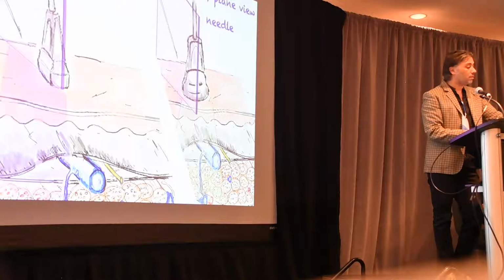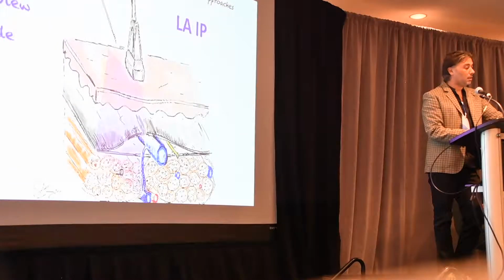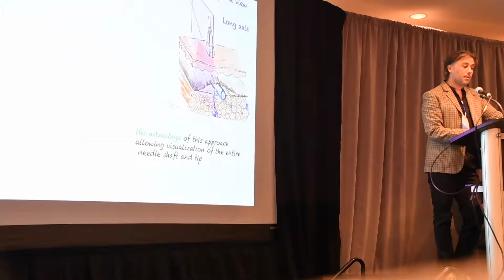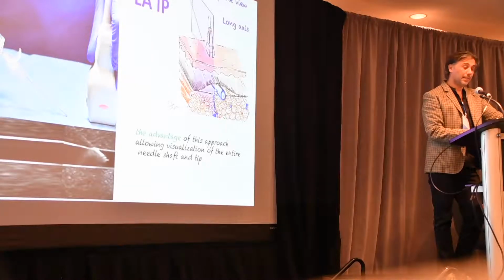In plane view on the left and out of plane. The long axis in-plane view of the needle is one of the most used approaches in our sclerotherapy treatment. This in-plane long axis view has the advantage of allowing visualization of the entire needle, shaft and tip.